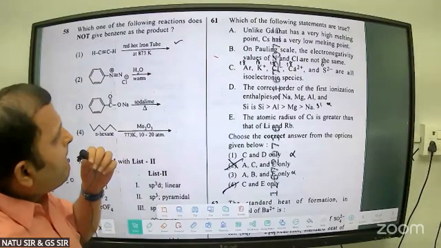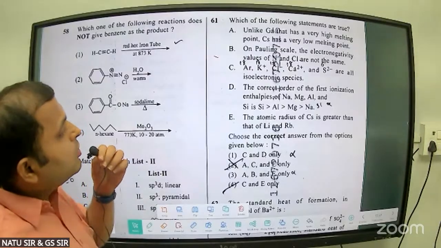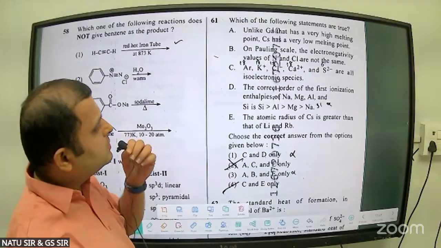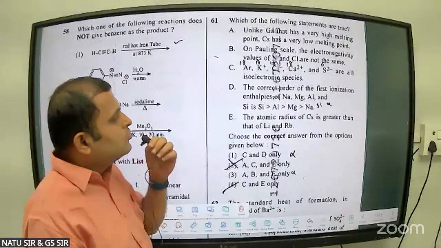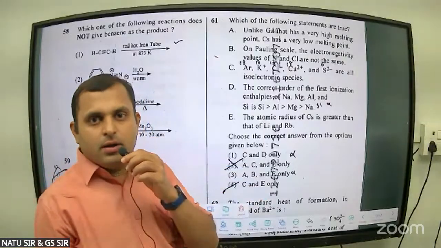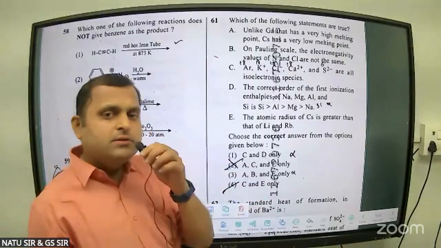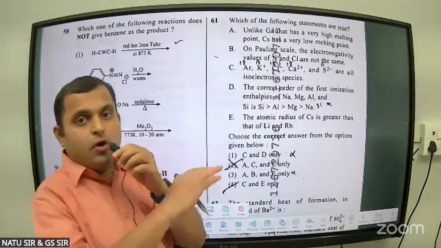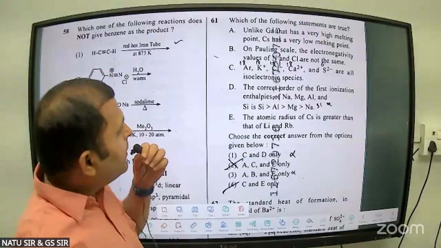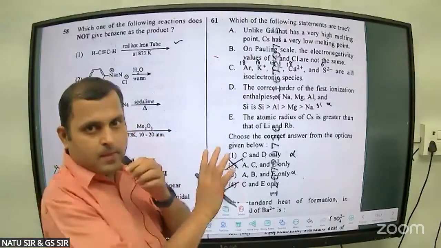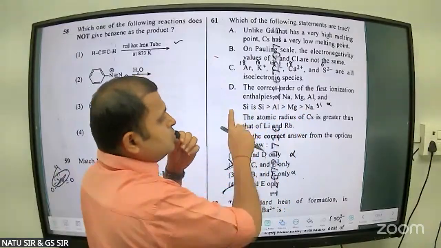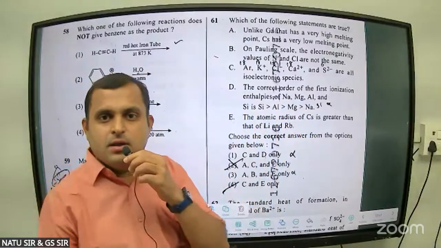Then the correct order of the first ionization enthalpies of sodium, magnesium, aluminum and silicon. First of all, they all belong to the third period of the modern periodic table. And as per the general trend, it is expected that from left to right, ionization enthalpy should increase. So the expected order was sodium to magnesium to aluminum to silicon, ionization enthalpy should increase.